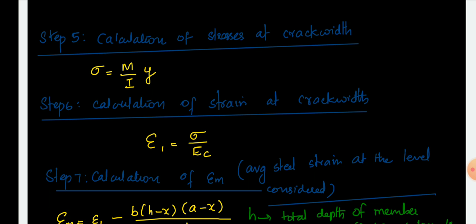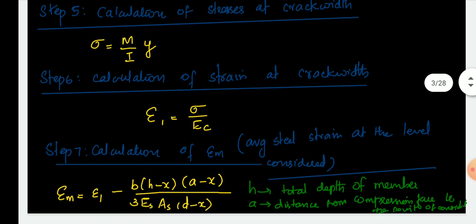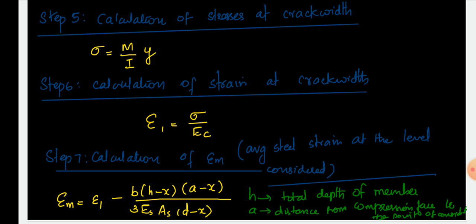Next is the calculation of average steel strain at the level considered. We determine the crack width at each point, and at that point of consideration we have to determine the average steel strain, given by epsilon m, which is given by the equation epsilon 1 minus b into h minus x into a minus x divided by 3 Es As into d minus x, where h is the total depth of the member, and for a rectangular beam h is the same as overall depth D. Then a is the distance from the compression face to the point of consideration.